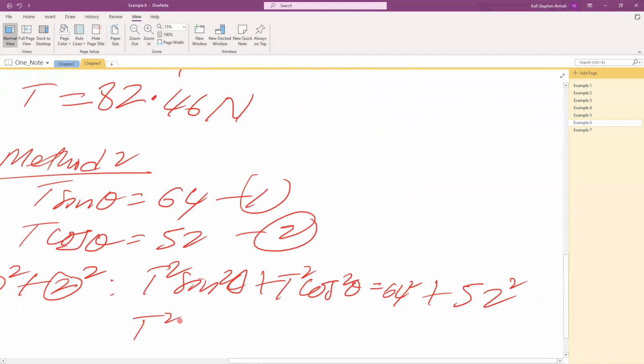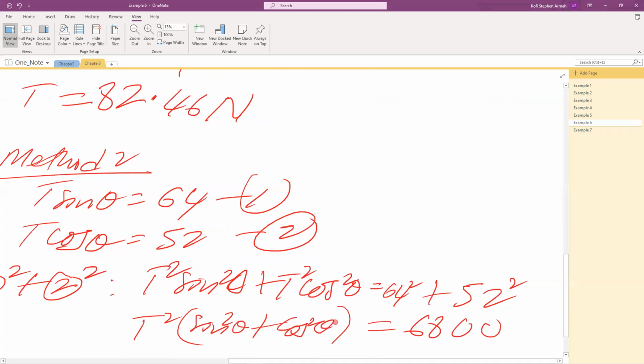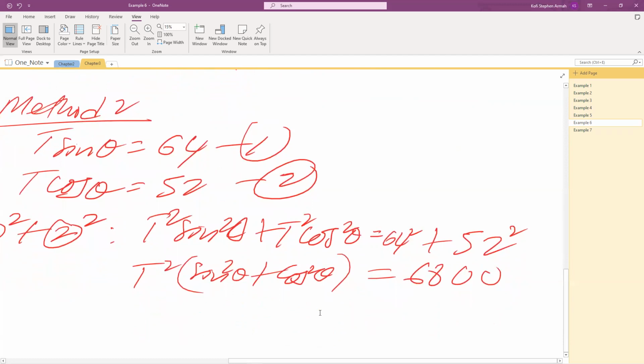And then of course you factorize. Let me check what is 64 square add 52 square. So this is like 6800. And this will be your sine square theta plus cosine square theta. And we know that is 1. So you're getting t square equal to 6800.